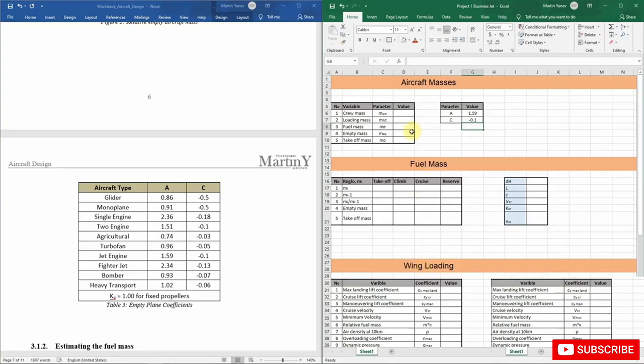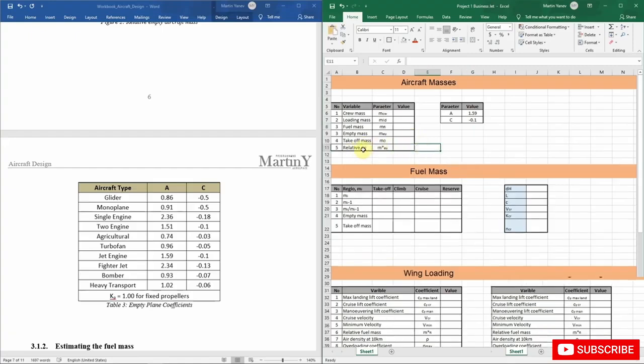I'm going to import an empty version which you can use to fill in once you're completing the project, and I will also upload a complete version so you can see the formulas that I will apply and the values that we are going to get. And I added one more tab, the relative empty mass here, because we will need it.